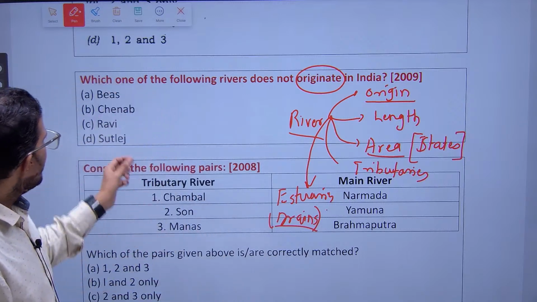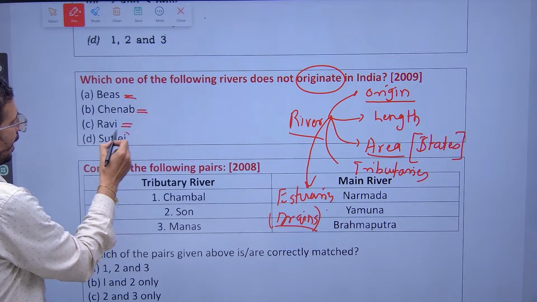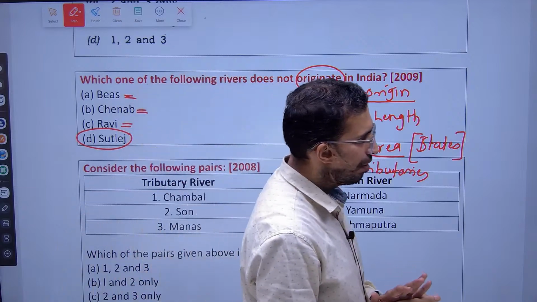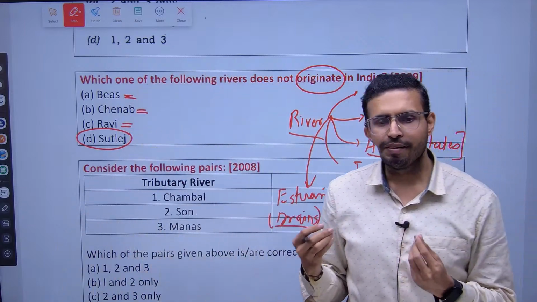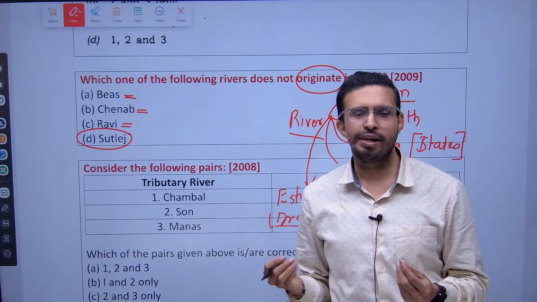Then they have given the options Beas, Chenab, Ravi and Satluj. We have to see this in the Indus river system. Among the Indus river system rivers, which do not originate in India?